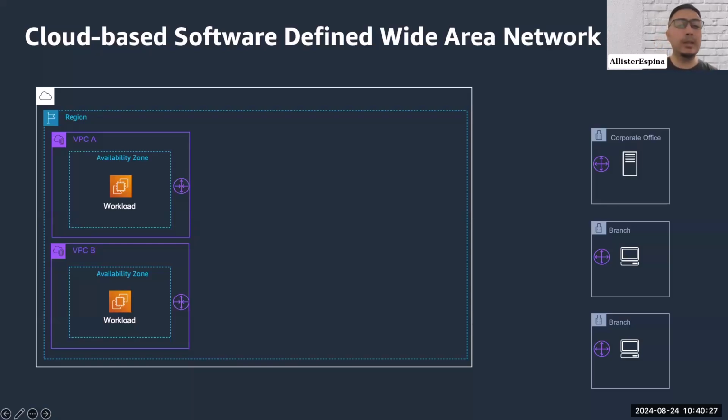Let's say you have sites like a corporate office and branches, and you have workloads already in the cloud on AWS, you can connect them using an SD-WAN solution.